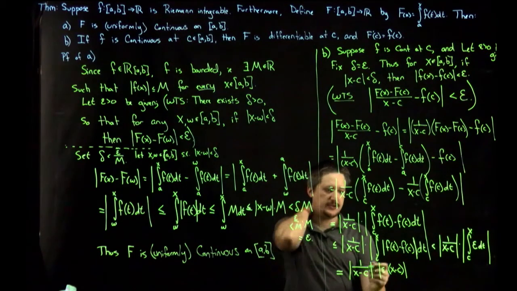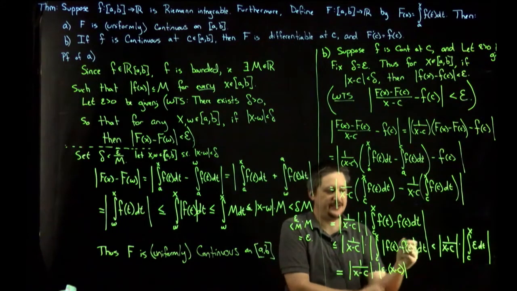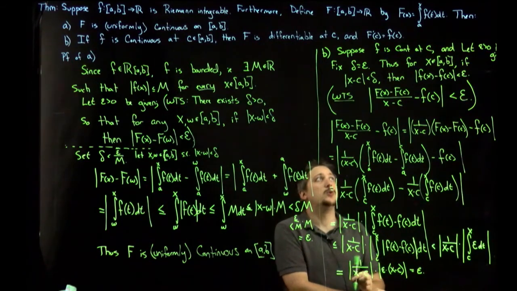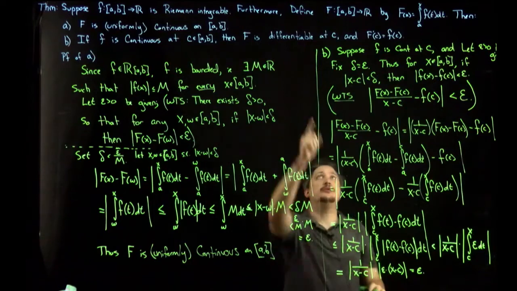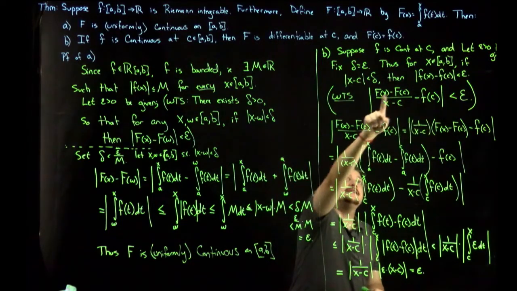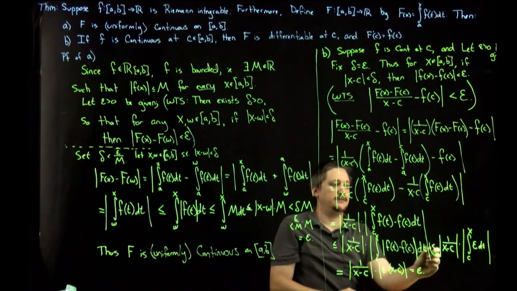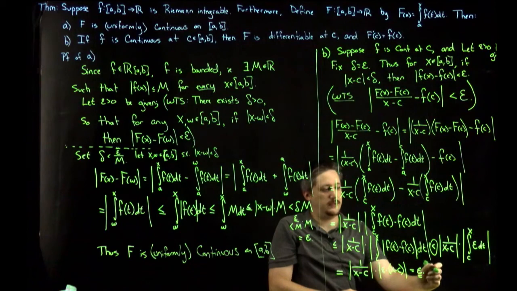I can pull that out, which gives me the absolute value of x minus c times 1 over the absolute value of x minus c. This is epsilon, which is exactly what we wanted to show, right? We've shown that this thing here, which is what we started with, is less than epsilon. And so we are done.